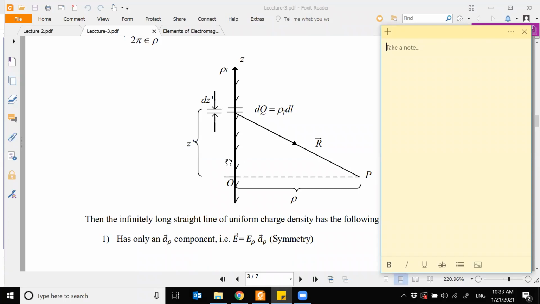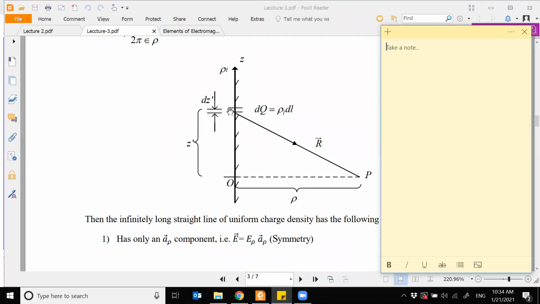Why? Because my line charge is placed along the z-axis. So this is dz dash, and I'm assuming that this is currently at a distance of z dash from the origin.